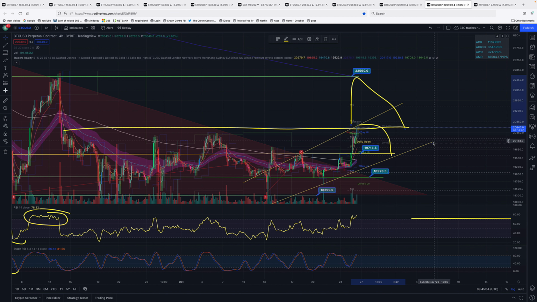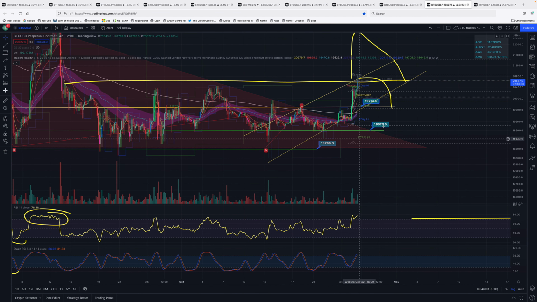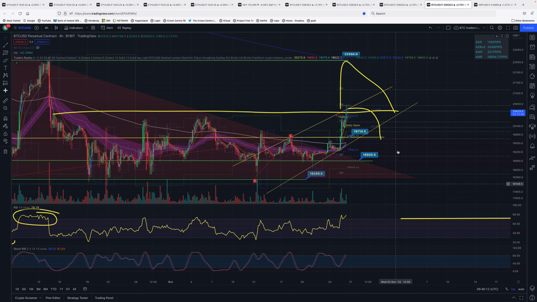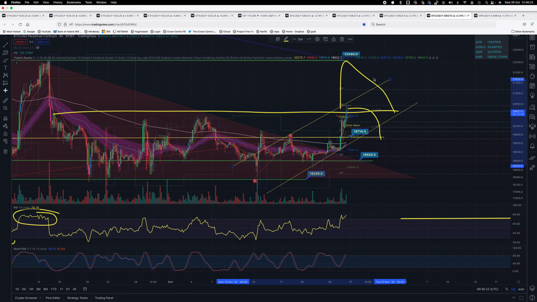And again, maybe make this channel like this, somewhere along these lines. Again, I'm just anticipating the trend, but I believe Bitcoin will be making an upward channel to come out of this consolidation.